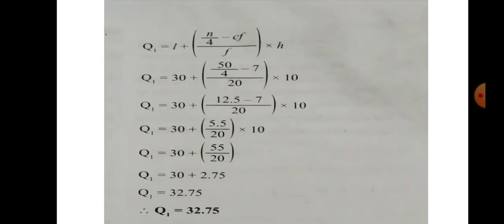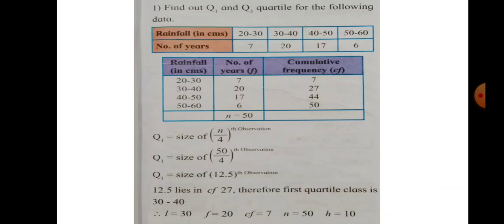So Q3 is equal to what? Size of the 37.5th observation. So where does this number 37.5 lie? Let us see now. 37.5 lies in the cumulative frequency 44, with the corresponding class interval 40 to 50. So what is the quartile class for Q3?